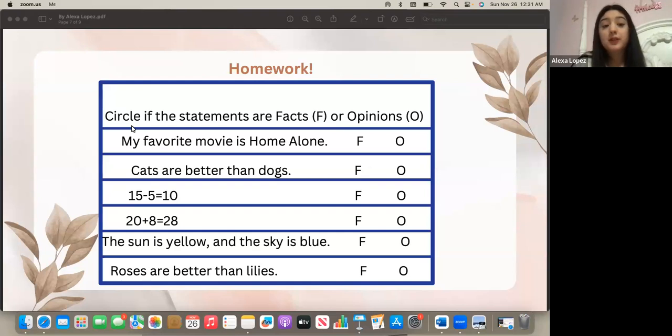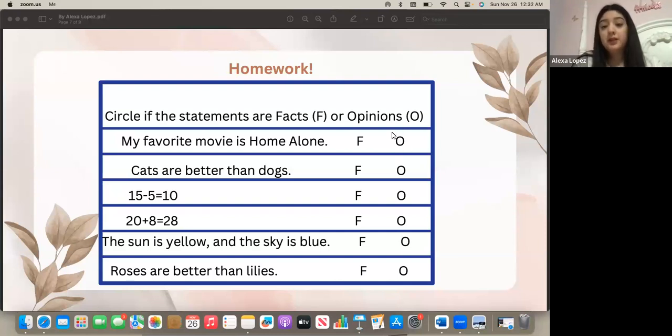So for this homework assignment, you're gonna circle if the statements are facts or opinions. Okay, so let's try the first one. My favorite movie is Home Alone. What do you guys think? Is it a fact or is it an opinion? Right, it's an opinion. Yes, because some people might like other movies, right?